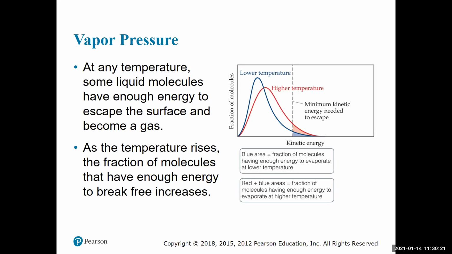And so what we have here on this plot is the blue plot showing a distribution of those molecules at a lower temperature, and then the red one is at a higher temperature. The dotted line that we see coming down, in this case, we're defining as the minimum kinetic energy needed for those molecules to escape.